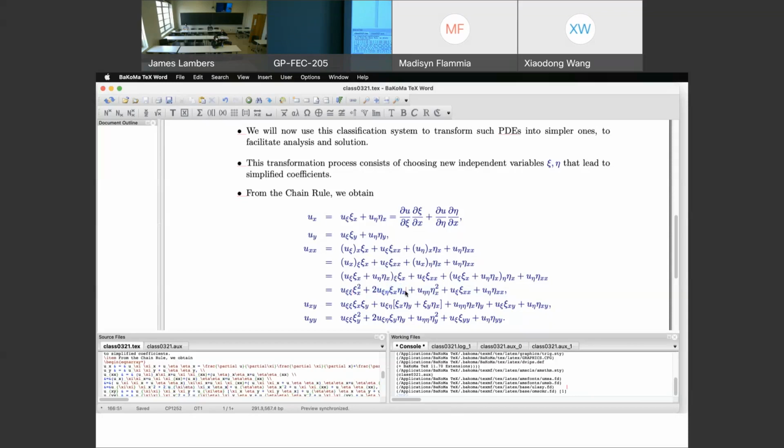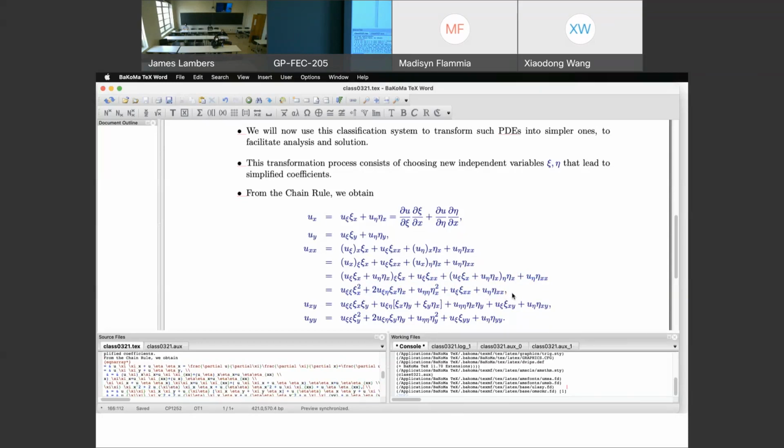But I also get another term like that from over here. So that's why I end up with two of these. And then this term was already here, this term was already here, so on. So that's how I get all of that in here.